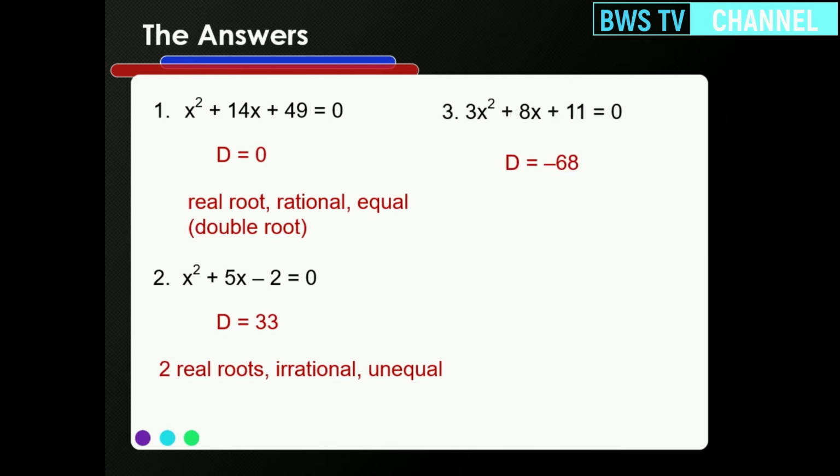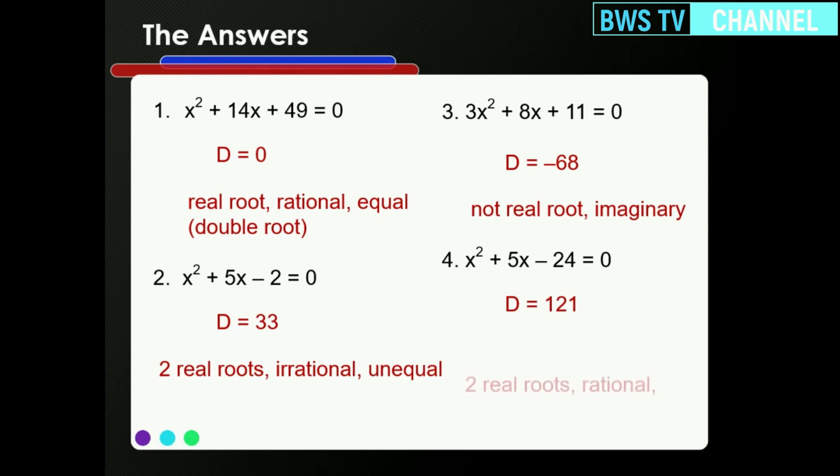For number 3, your D is negative 68. So what will be the description? It's negative, so not real roots, imaginary. And then for number 4, D is equal to 121. So that means 121 is a perfect square, so we have two real roots, rational, and unequal.